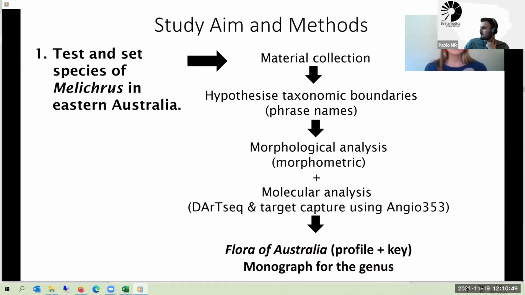During this time, I also hypothesized a new taxonomic structure for Melichrus, which I expressed as phrase-named putative species. I then used the material that I had collected to test these hypotheses against the existing taxonomy using both morphological and molecular analyses. Today, I would like to share with you some of the results from the molecular analysis.